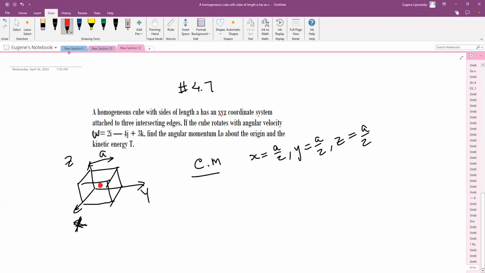Somewhere here, right? So we need to find the angular momentum about the origin. So H about the origin equals the I about the origin multiplied by the omega vector, okay?